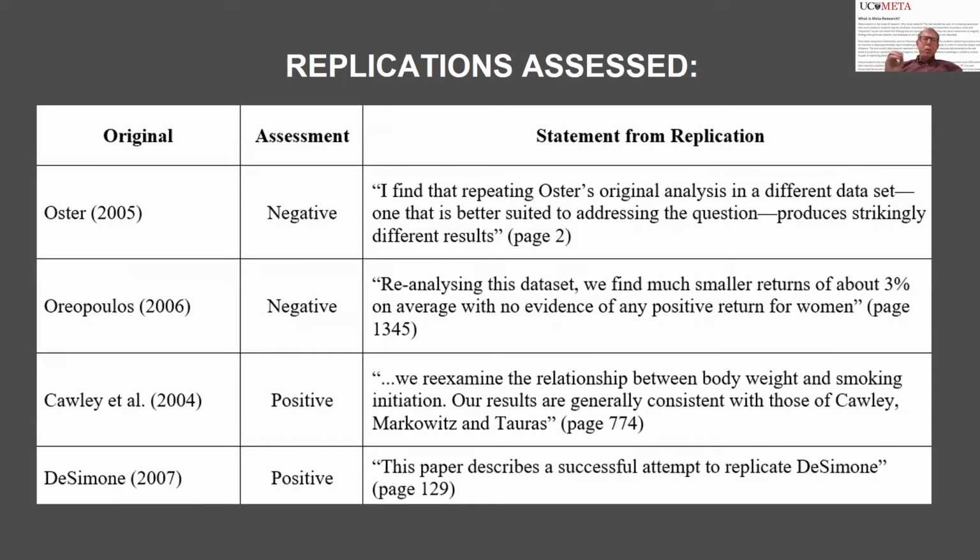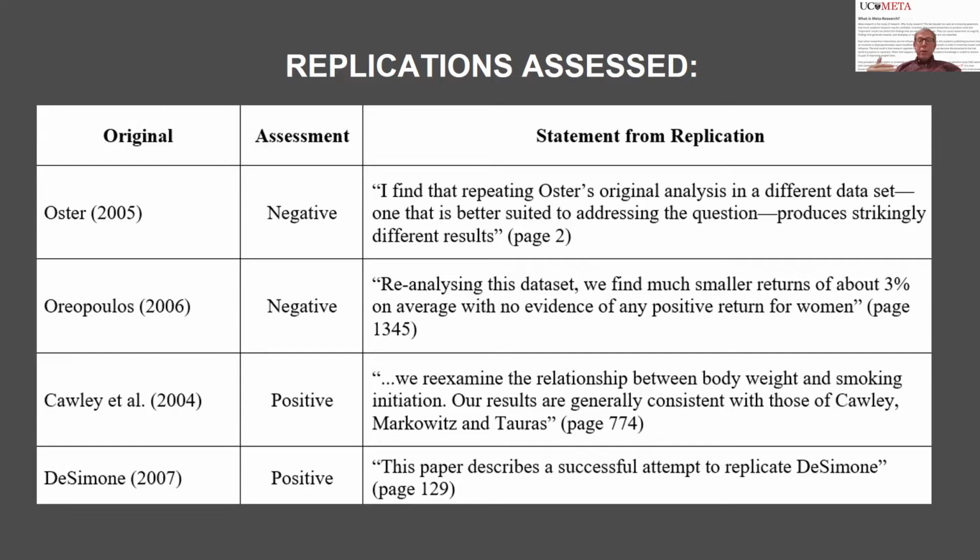In determining whether a replication was a positive or a negative replication, we decided to take the author of the replication study's own assessment. So these are some examples. I'm not going to read through them, but basically most replication studies, either in the conclusion or the abstract, will summarize their findings as either supporting or disconfirming the original study.